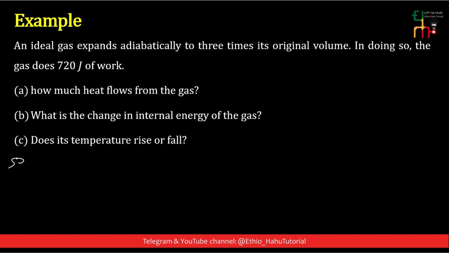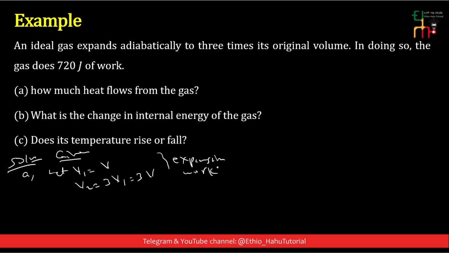To do this, first let's have given: V1 is equal to V and V2 is equal to 3 times V1, which is equal to 3 times V. And this is expansion work. Therefore, delta W is 720 Joule.